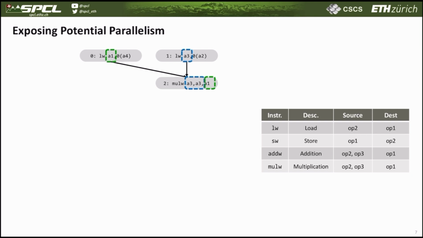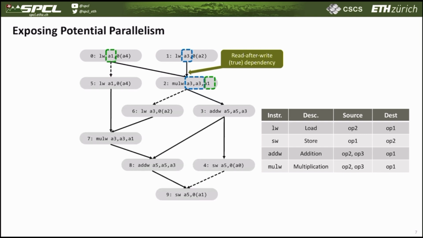So whenever an instruction reads or writes the same value as something else, we draw an arrow between them. Some of these dependencies are what we call true dependencies, so read after write dependencies, where we really need to wait for some assembly instruction to finish so that the next one can read its output. But if we continue like this, we will also see we have some sort of false dependencies.